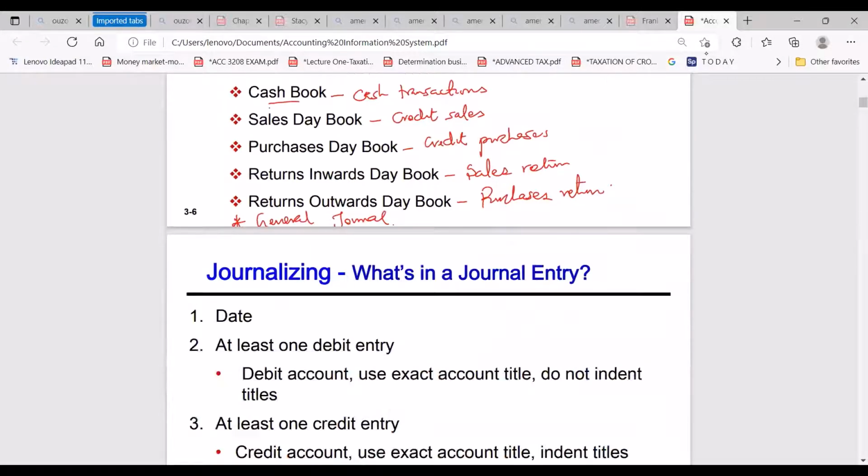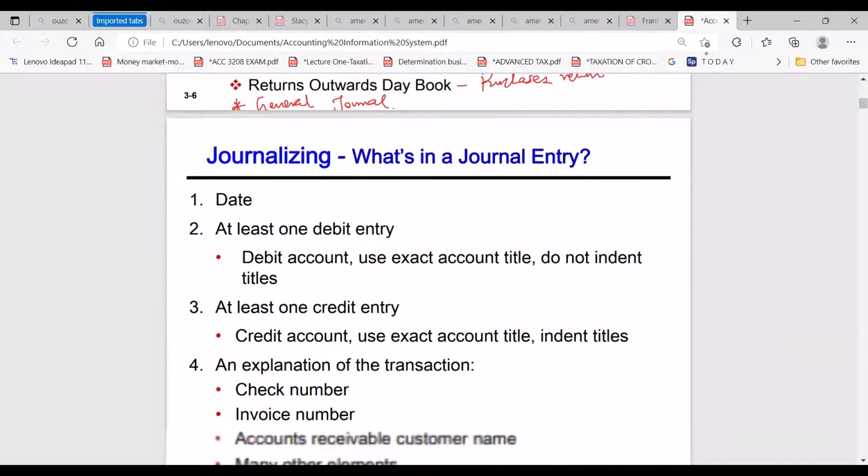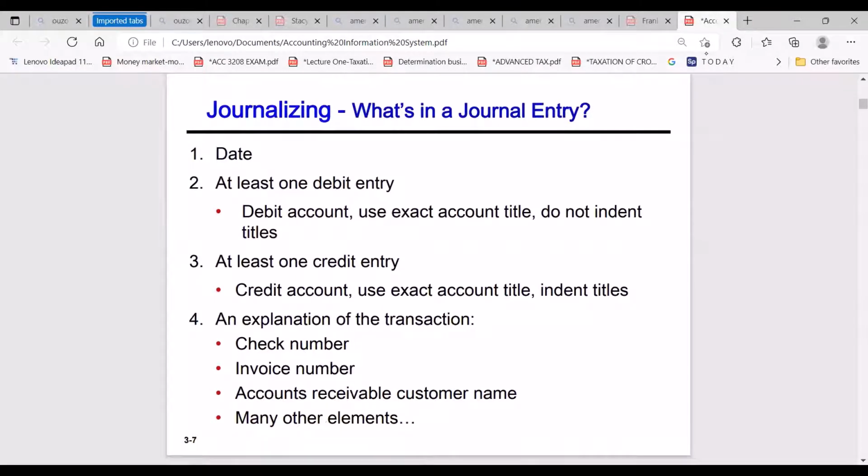Okay, so what is it that should be included in a journal? In a journal or the books of original entry, the date must be indicated, at least one debit entry and at least one credit entry. For the debit account, you write the account title and do not indent.